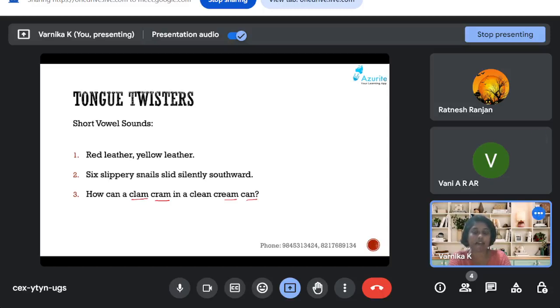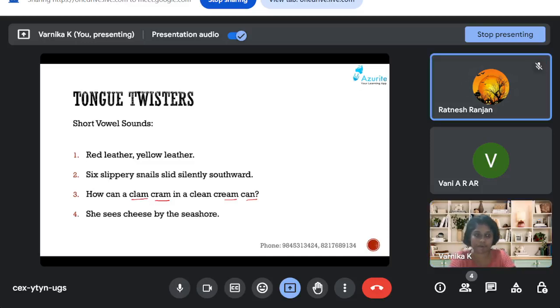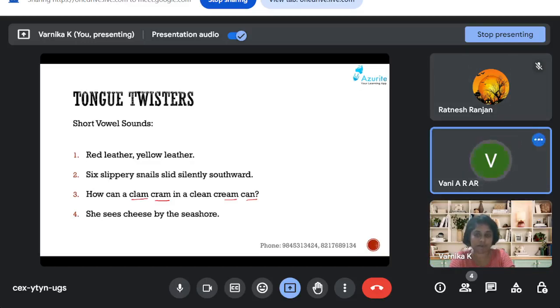Okay, how can a clam cram in a clean cream can? Yes, Vani. She sees cheese by the seashore. One more time. She sees cheese by the seashore. Yes. So you can take a screenshot and save these tongue twisters for your practice later. Okay, then ma'am, I'll change the slide.